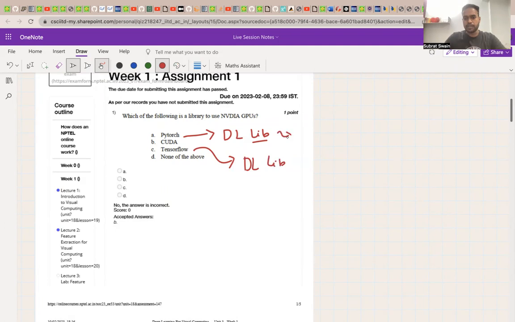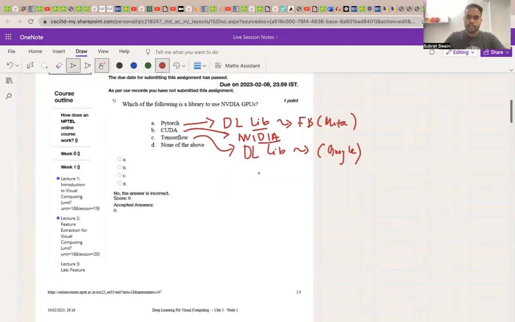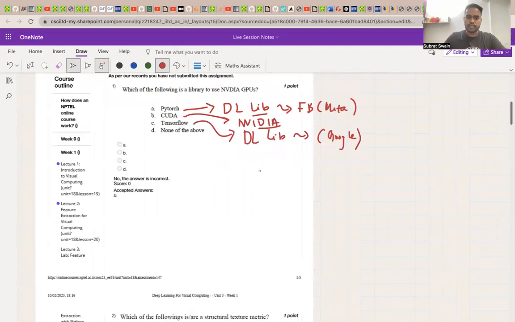PyTorch is built by Facebook, which is now Meta, and TensorFlow is built by Google, and both are deep learning libraries. If you don't know, it's just information; if you know, it's fine. Then CUDA is built by NVIDIA to interact with the NVIDIA GPUs. So the correct answer is B here.